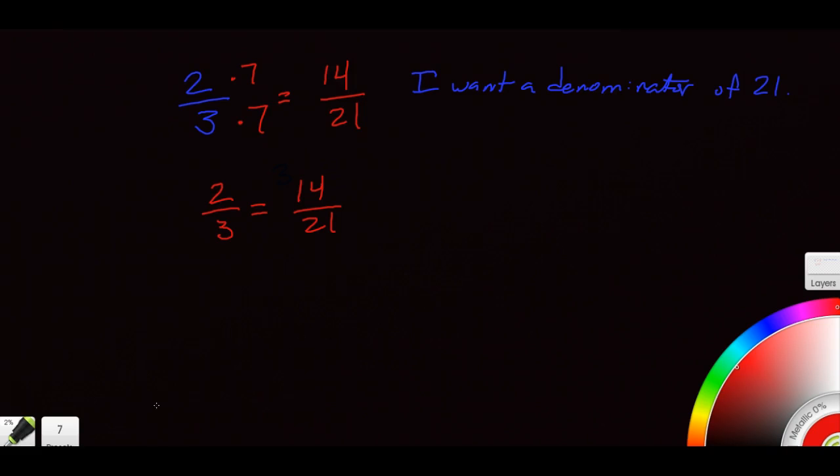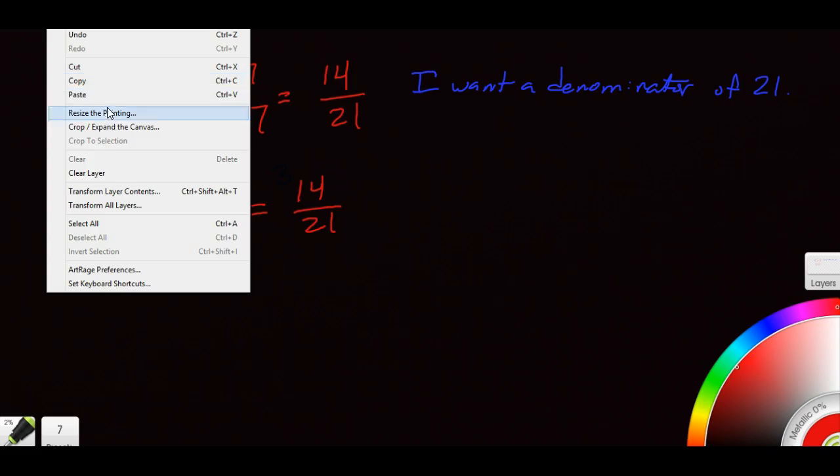So why does that play a role in addition and subtraction? Suppose we have the fractions 1/3, and I want to subtract 2/5. Notice that they don't have a common denominator. We need to change these fractions so that they do have a common denominator.